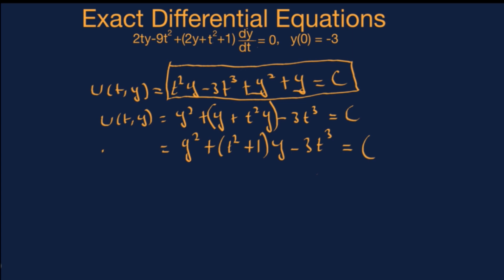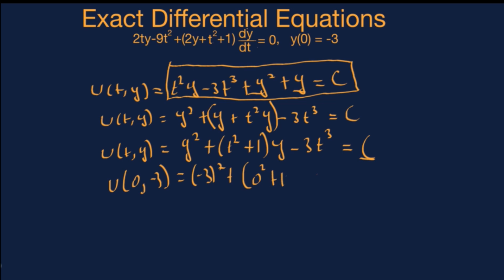So at this point, we can plug in the values of the initial condition to solve for this unknown constant c. And so when we do that, we get u of 0 and negative 3 is equal to negative 3 squared plus 0 squared plus 1 times negative 3 minus 3 times 0 cubed is equal to c.